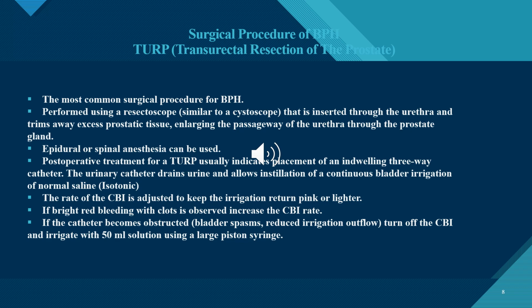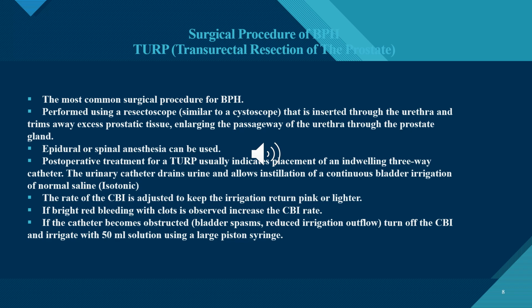Once they are finished with this procedure, they will put in a 3-way indwelling catheter, okay, to perform continuous bladder irrigation. I will put a video so you guys can know how to do it, or at least have an idea of what continuous bladder irrigation is, okay?